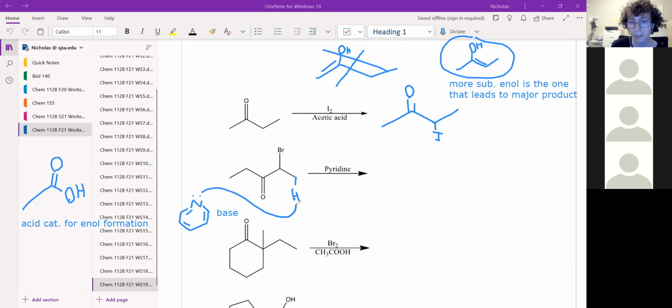So we can do an E2 elimination. This is an acid-base reaction, it's also an elimination because of the halogen there. And the base doesn't have to be pyridine, it could be any other base. But just adding a base to a structure like this can make an alkene.